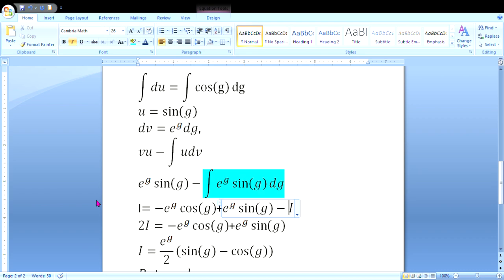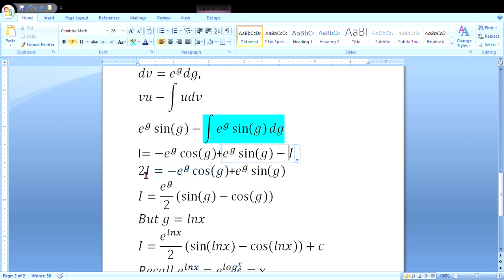This I has to move to the left hand side to become plus I. So I plus I gives 2I, which is equal to minus exponential g cos g plus exponential g sine g. Dividing both sides of this equation by 2, the result becomes exponential g divided by 2 open bracket, with exponential g as a common factor, sine g minus cos g close bracket.